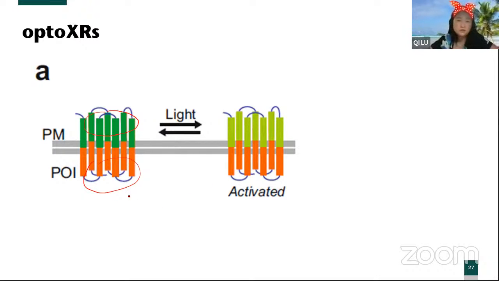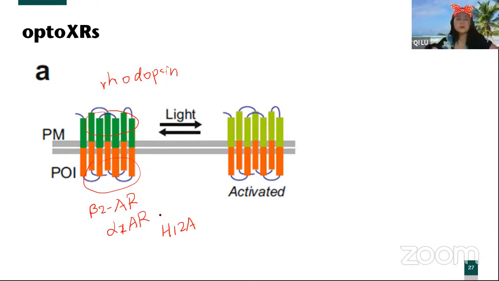I mean, the outside part is rhodopsin, and the intracellular part still keeps beta 2 adrenergic receptor, alpha 1 adrenergic receptor, or the serotonin receptors. The intracellular part keeps those ligand G protein coupled receptors, and after activation, the intracellular part will cause subcellular signal pathway activation.